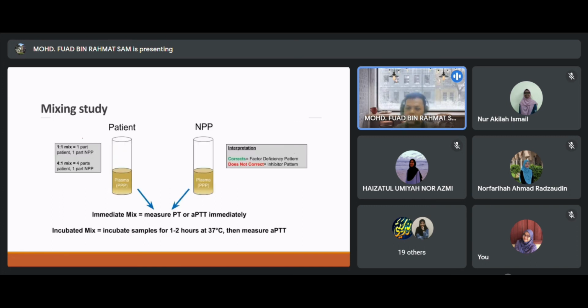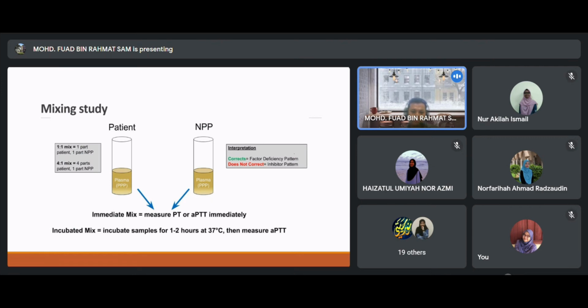Okay, this is the mixing study. If you remember, earlier in PT I also discussed the mixing study. Okay, so the basic principles of PT, prothrombin and APTT mixing studies. These mixing studies may be either an immediate PT or APTT measured immediately after mixing, or an incubated APTT measured after the mix is incubated for 1 to 2 hours at 37 degrees, and then measure the APTT.